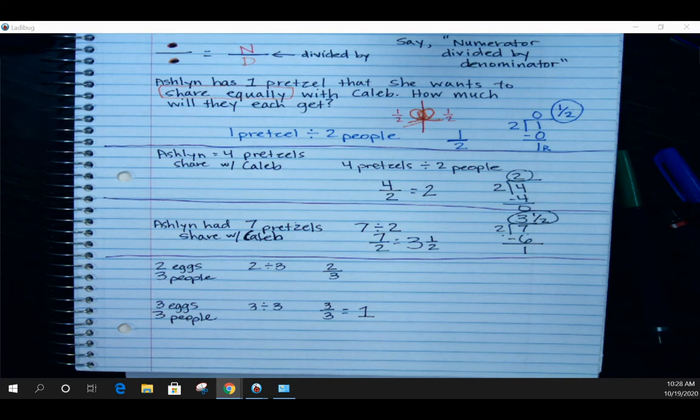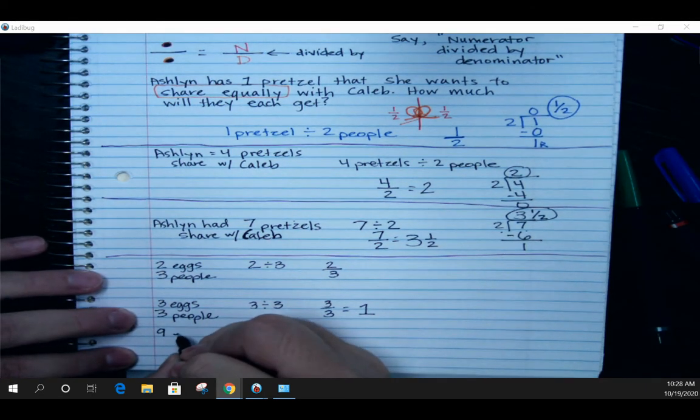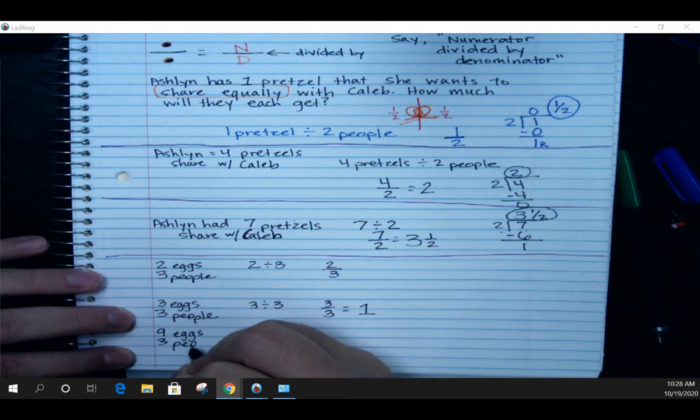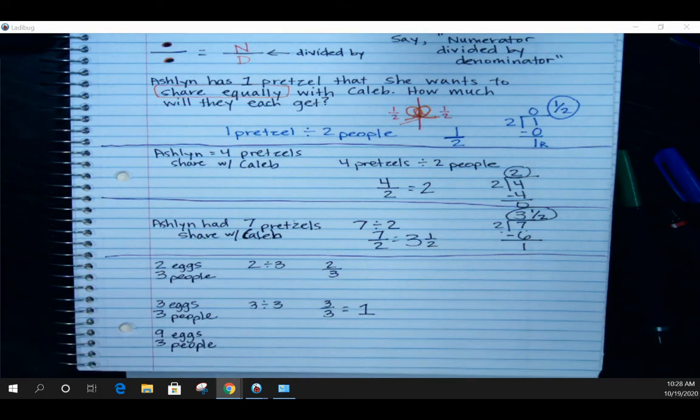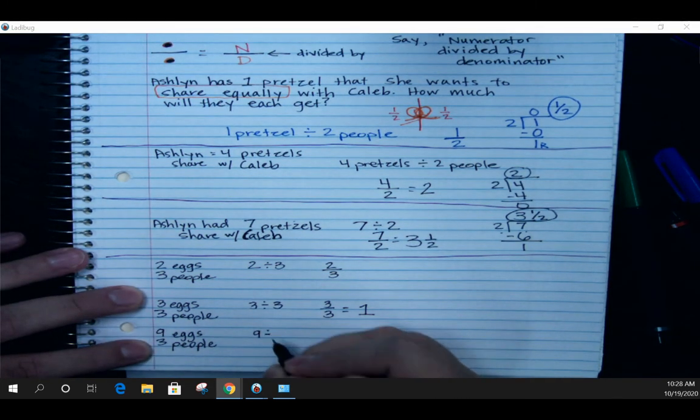What if I had 9 eggs and 3 people? Tell me my division problem. What am I dividing? Homer. I'm doing 9 eggs divided by 3 people.